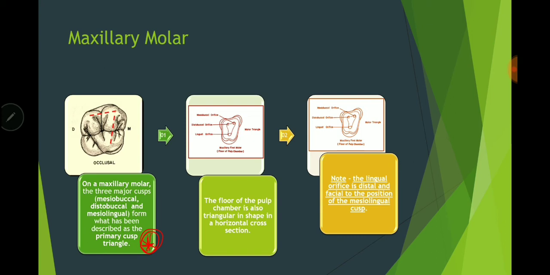Okay, and the lingual orifice is distal to the position of the mesiolingual cusp. All right. So the lingual opening is usually distal to the position of the mesiolingual cusp.